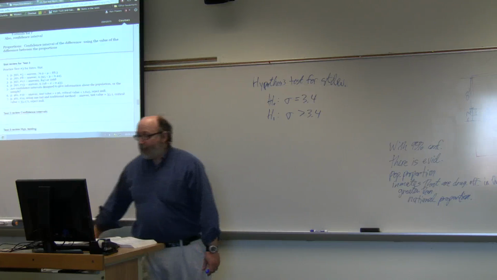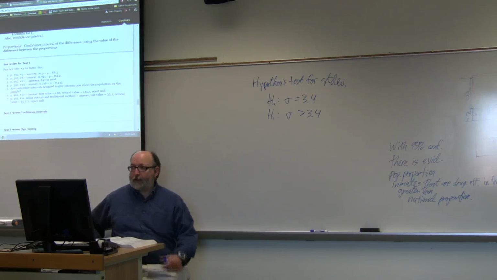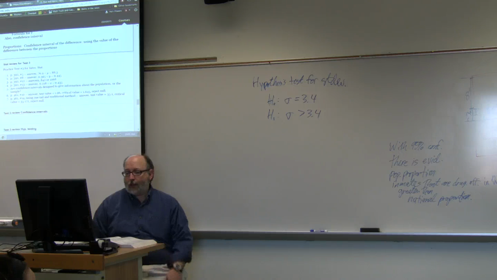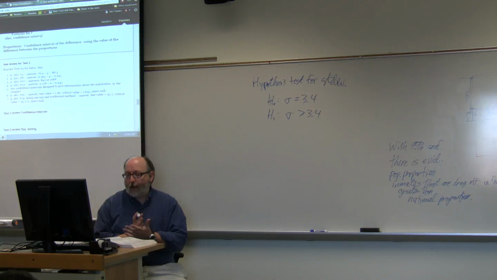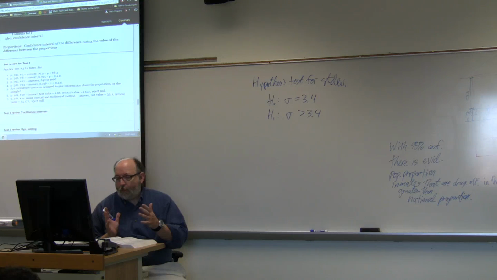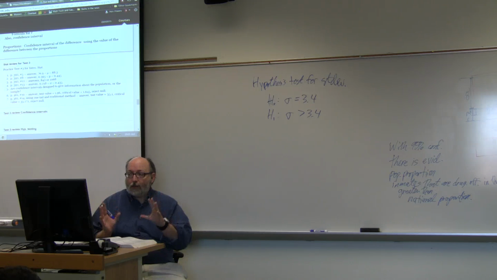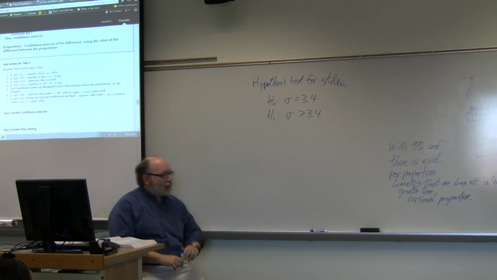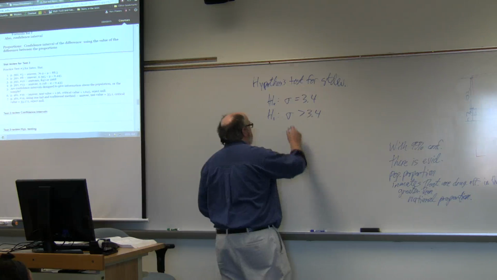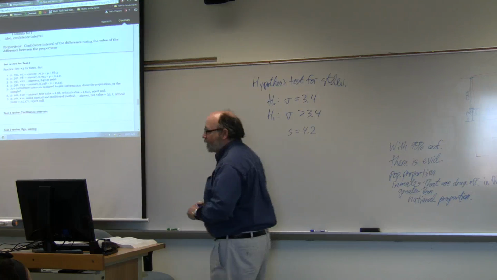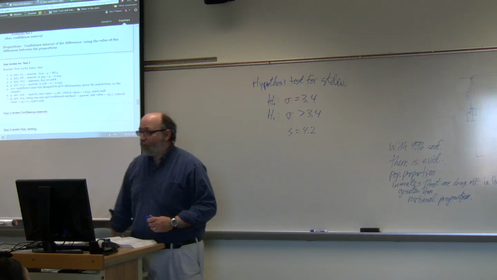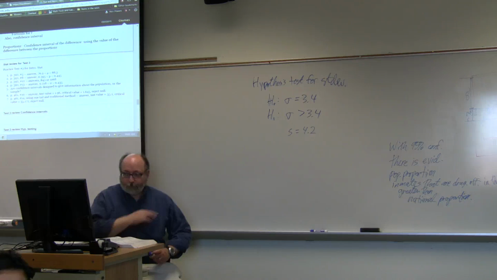Now what we can see is that it is listed here in the problem. It says, can we prove, because they feel like it's 3.4, but what we're going to do is look at the sample, and the sample standard deviation is really telling us the direction of the proof.